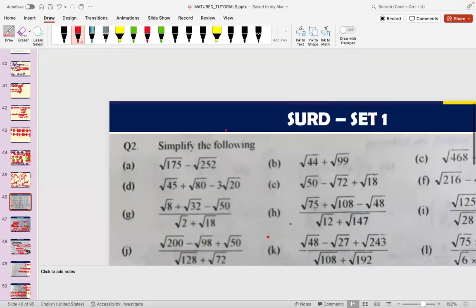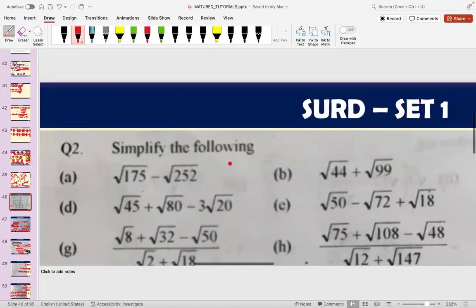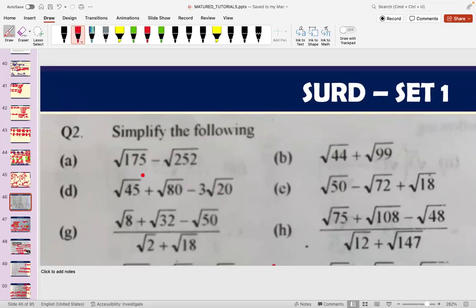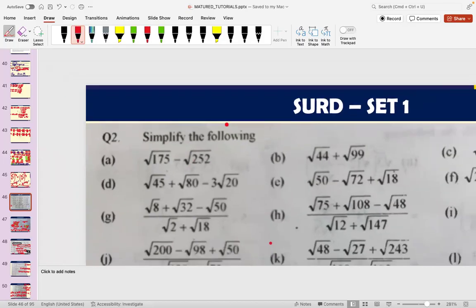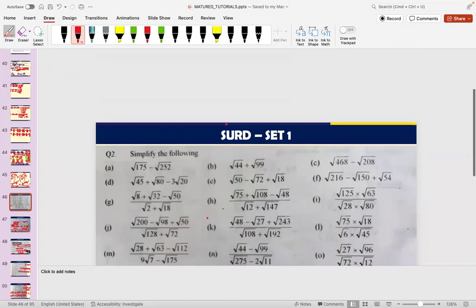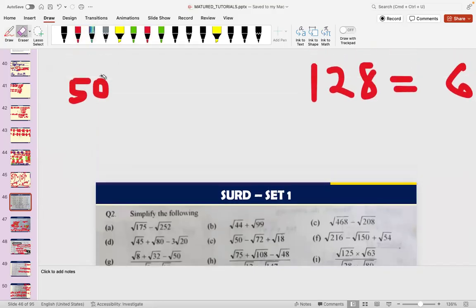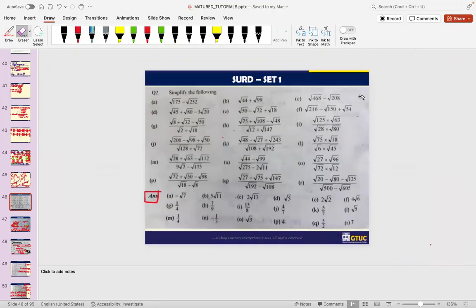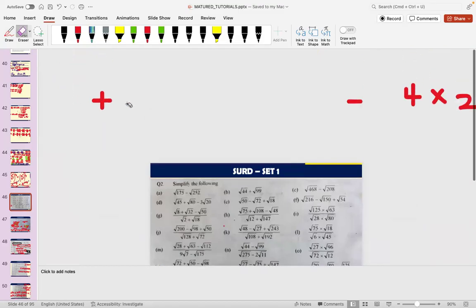So let's start with the first one. It says simplify the following: square root of 175 minus square root of 252. Let me write it here. Let me first of all get a lot of space and then we can proceed.